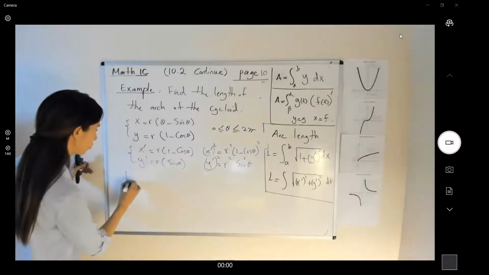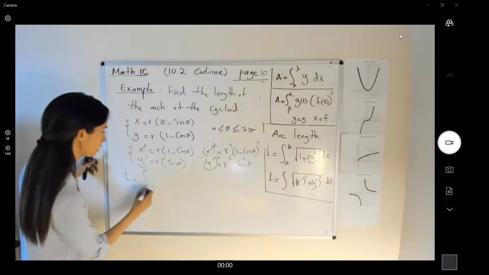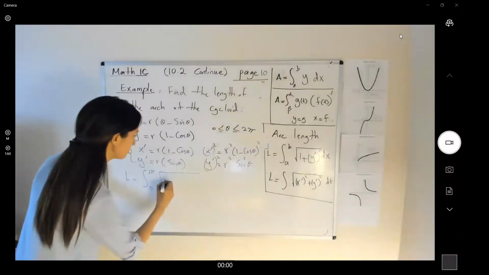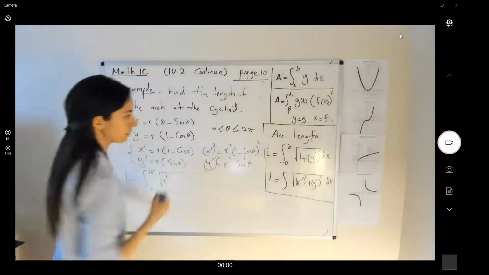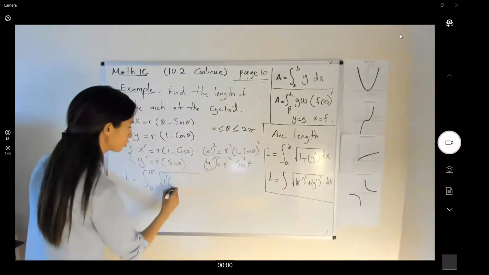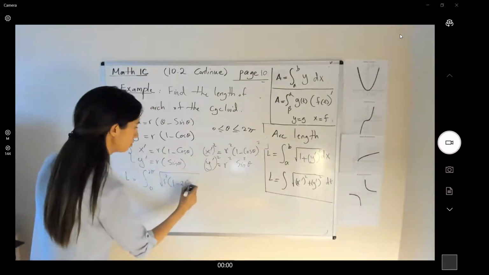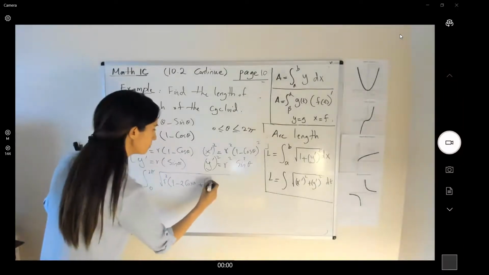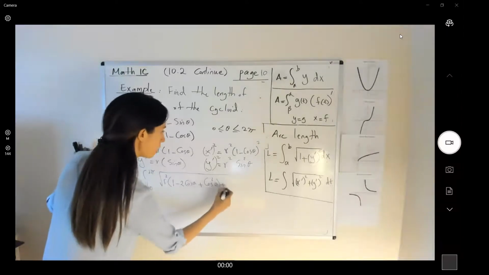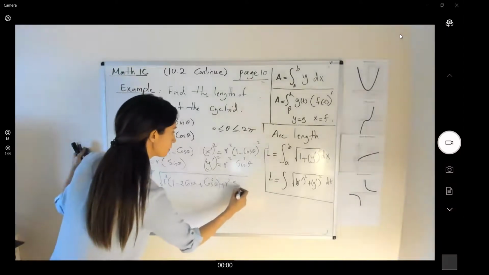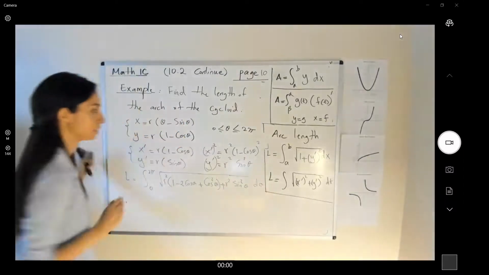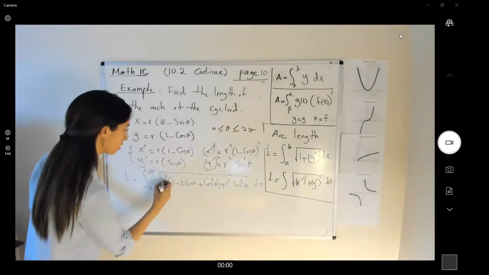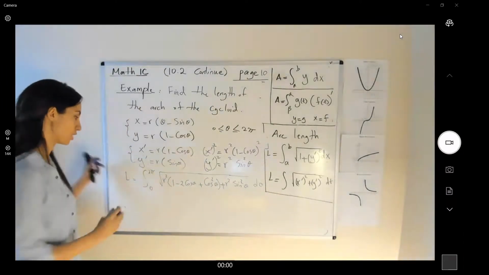So L, or the length of this arc, is the integral 0 to 2 pi of the square root of r squared times this guy, which if you write it in expanded form is going to be 1 minus 2 cosine theta plus cosine squared, and here you have r squared sine squared theta d theta. So of course you can factor out r squared and you can write r outside your integral.